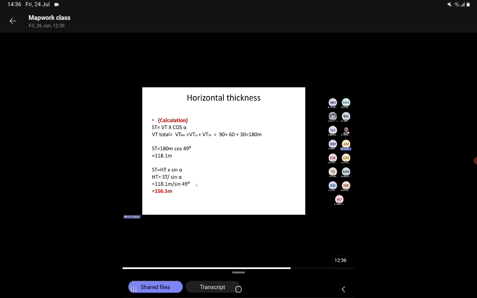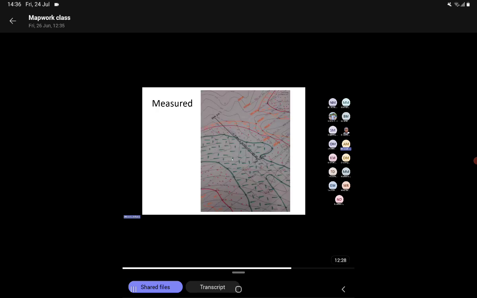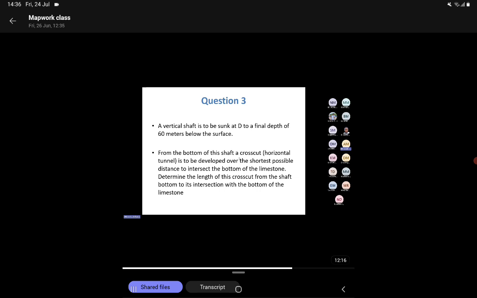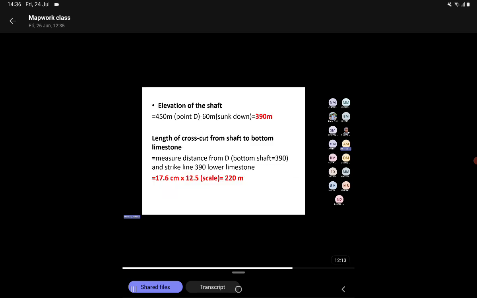But I think most of you will be calculating if you are writing a major test, because you will not be able to print your map and calculate on your own. But with the upcoming assessment, you decide which will work for you, whether to calculate or to measure, because you will have a map given to you.